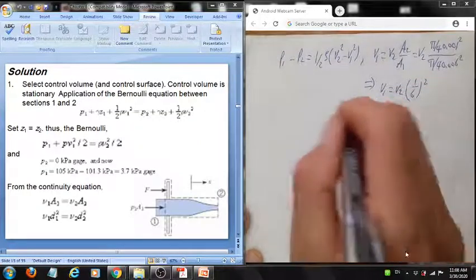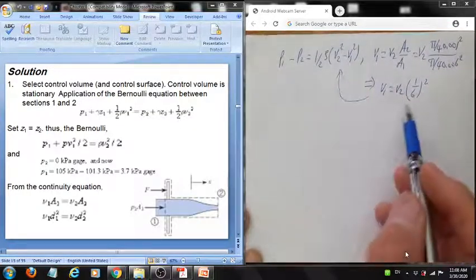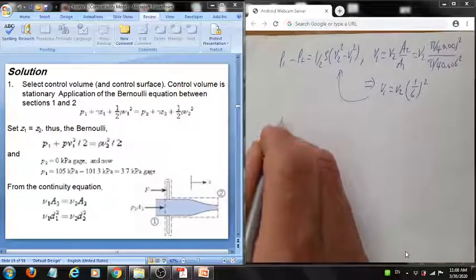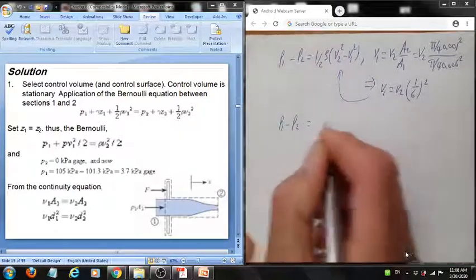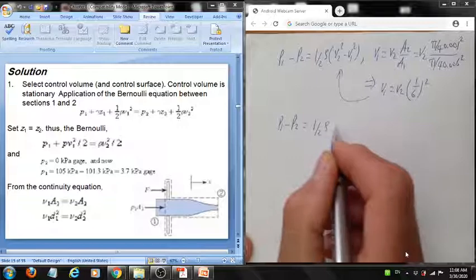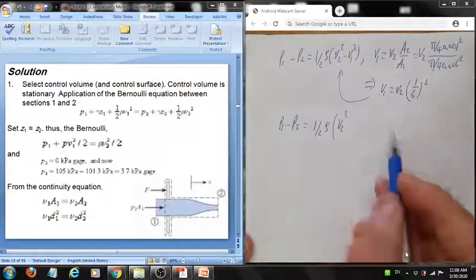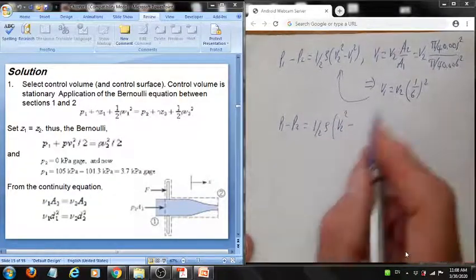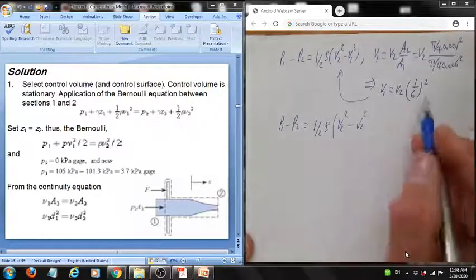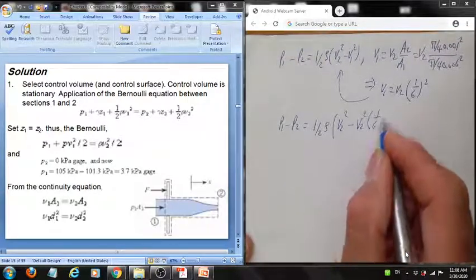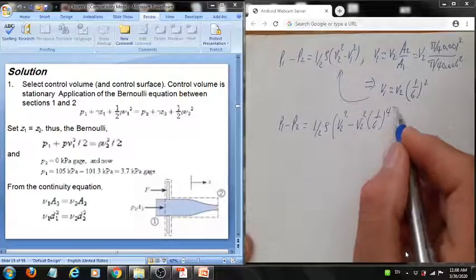So if we again substitute for V1 its value, we end up with P1 minus P2 equals half rho (V2 squared minus V2 squared times (1/6) to the fourth power).